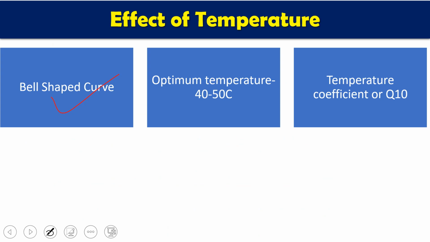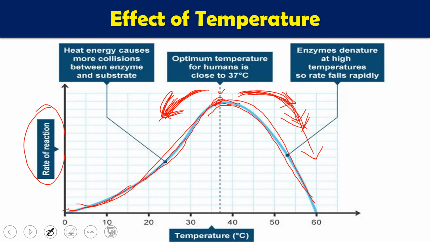For any enzyme, from 0 degrees up to the optimum temperature, the fold by which the rate increases for every 10 degree rise in temperature is called Q10, or temperature coefficient.